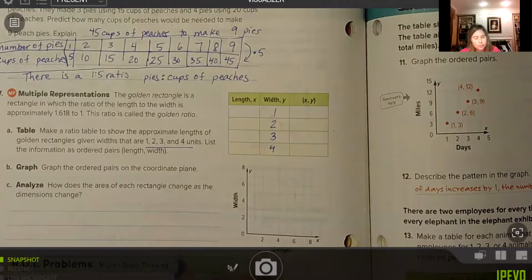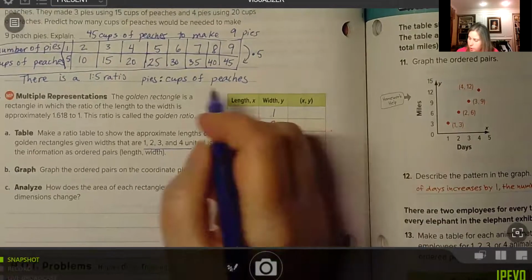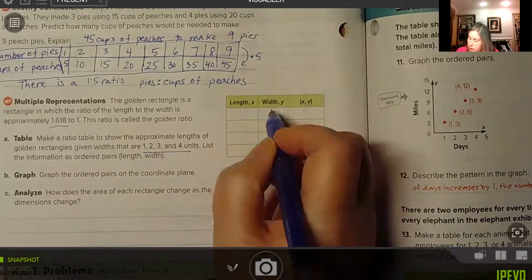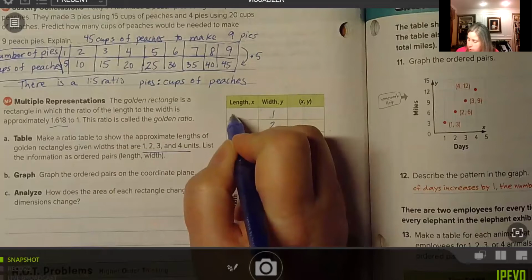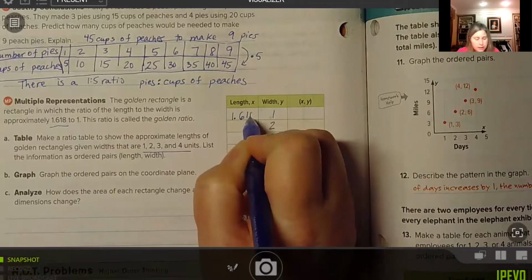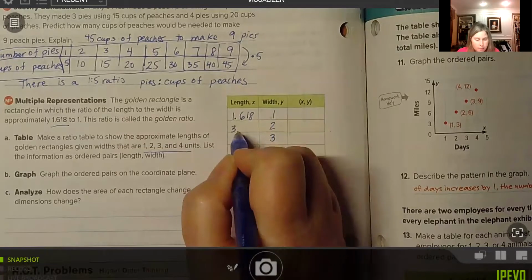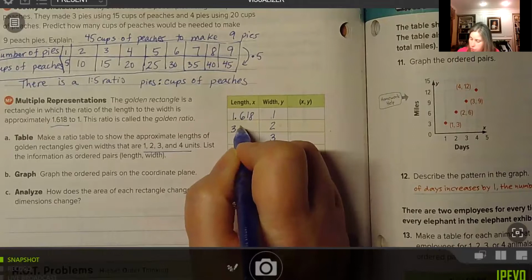And so it's a 1.618. So if the width is 1, the length is going to be 1.618. If the width is 2, the length is going to be 3.236.